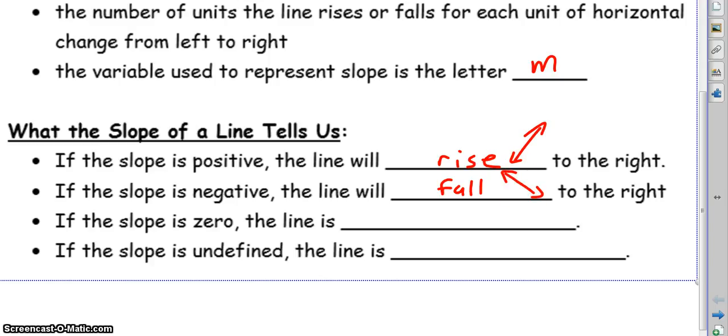If the slope is 0, the line is horizontal. And if the slope is undefined, the line is vertical.